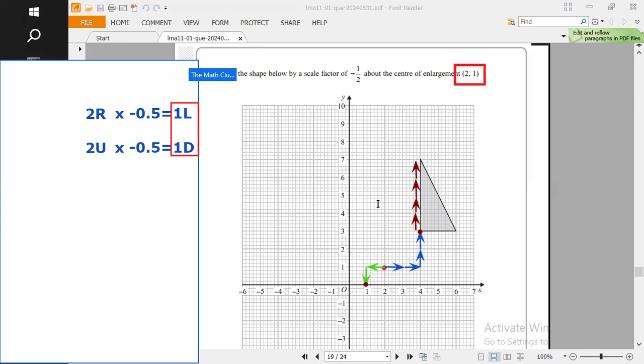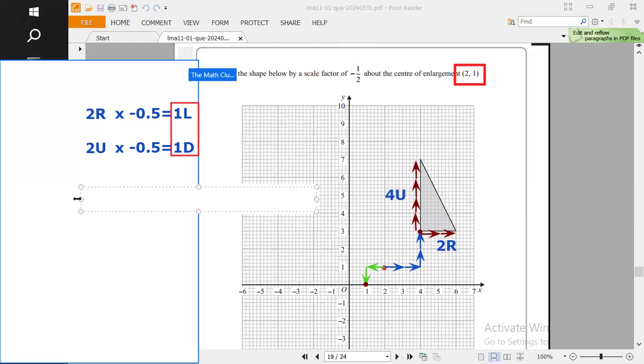So I'm going to write 4 up, like this. And let's make it capital. And from the same point, you have to move to the right 1, 2 to find this point. So 2 right. From the same point, I'm going to take these movements, multiply them by the scale, and find the movements of the new points.